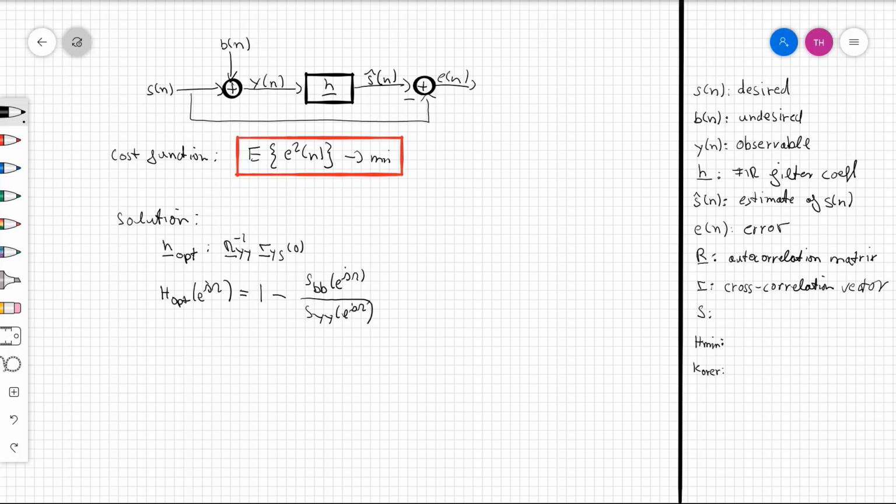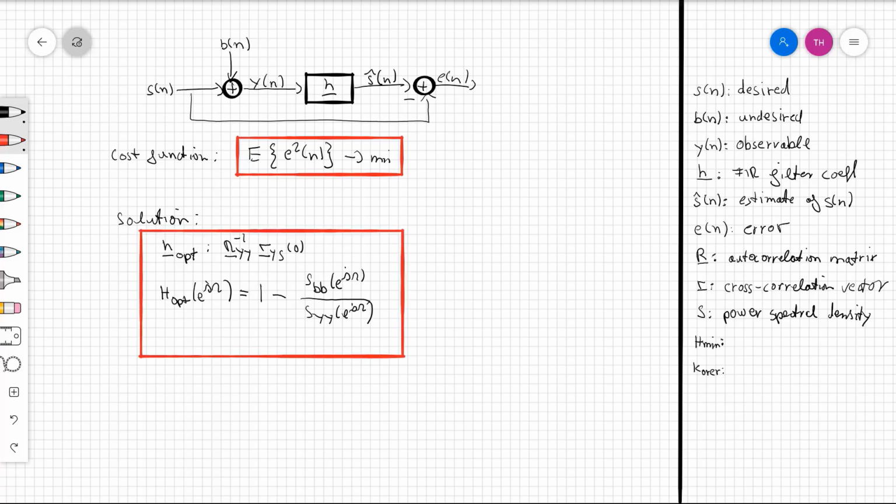And then the capital S is a power spectral density with regard to the signal denoted in the index. So these are the basic solutions of the Wiener filter.